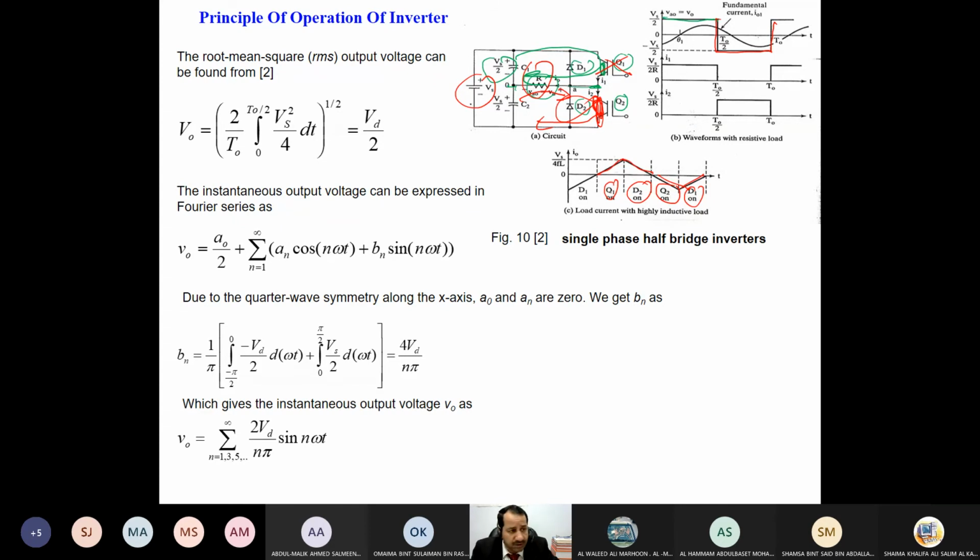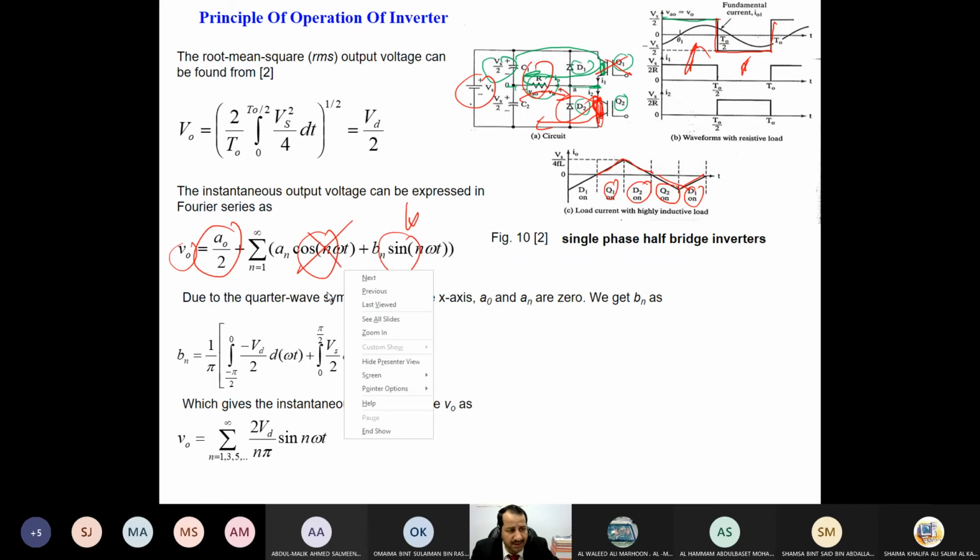Now, the output voltage here is a repetitive square waveform. We can represent it in sinusoidal form by Fourier. We explained Fourier before. It's the average plus a summation of cosine elements and sine elements. And since it is odd, the cosine element will be cancelled, and only the sine element will be there.